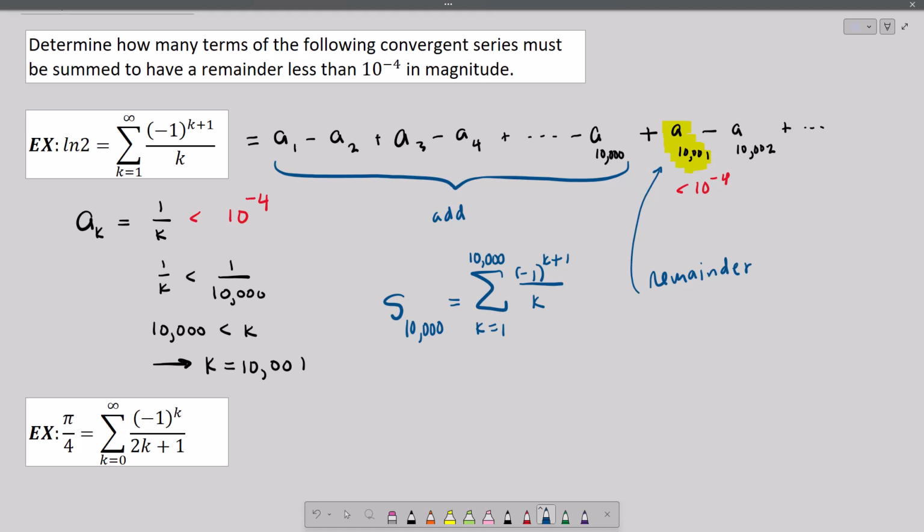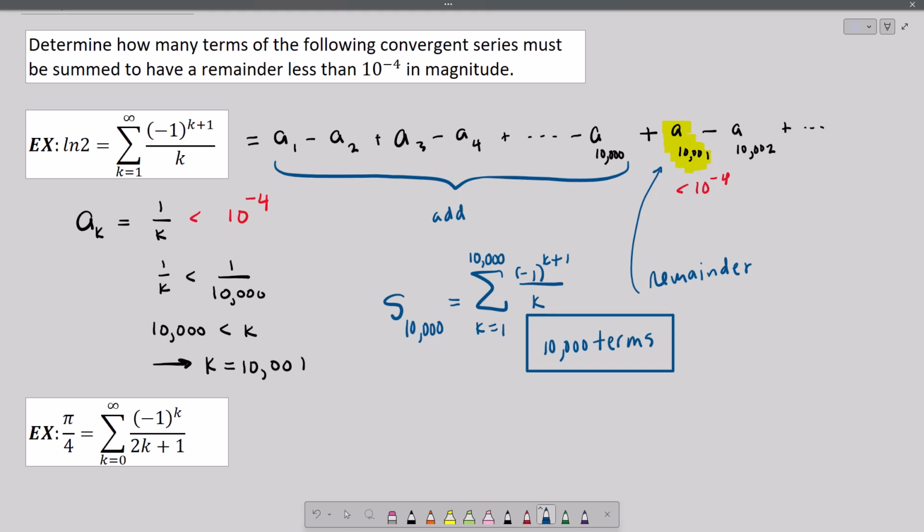So this is the partial sum that we want. We want 10,000 terms. So that is our answer, 10,000 terms, and here's how we would write the partial sum. But the answer is we want 10,000 terms. The 10,001st term is the remainder for everything that's in front of it added together.